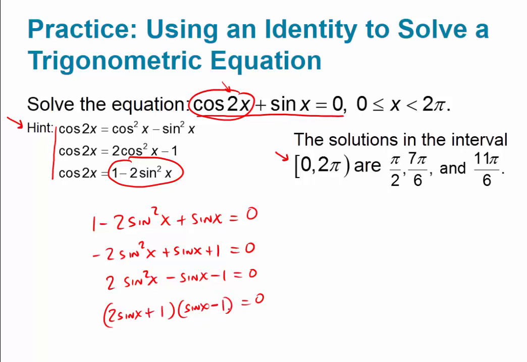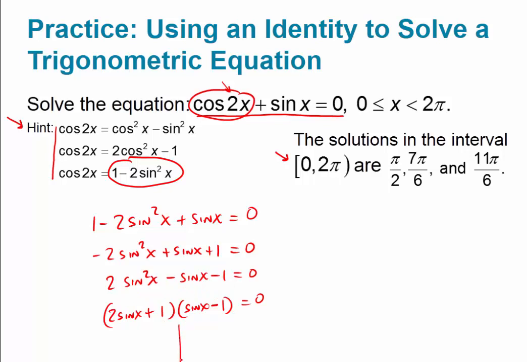Let's see if that works. 2 sine of x times sine of x gives me 2 sine of x squared. Outsides would be negative 2 sine of x, insides would be positive sine of x. That gives me negative 1 sine of x, and then positive 1 times negative 1 gives me negative 1. So that works. So there's the factoring.